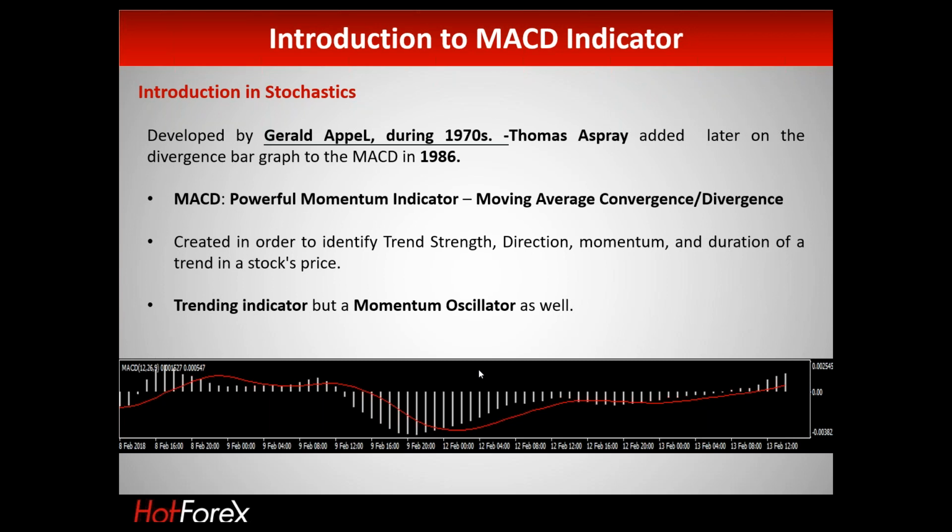It is a combination of a trending indicator and a momentum oscillator. That's why it is a very commonly used indicator, and that's why we consider it a very powerful indicator, something that you definitely need to try using.